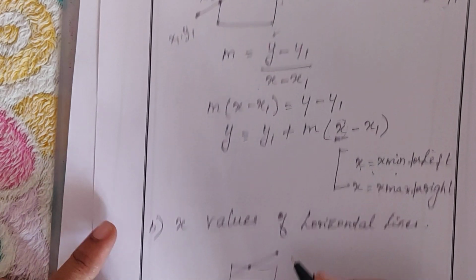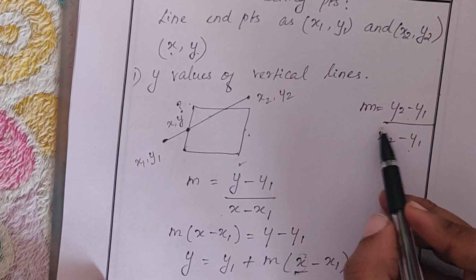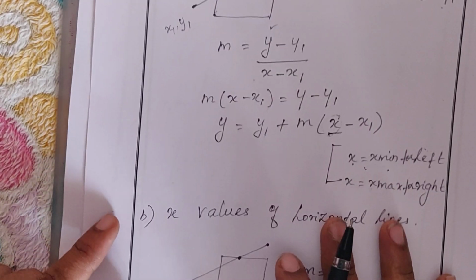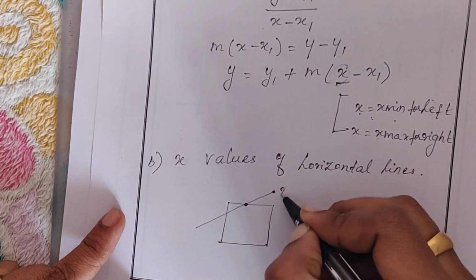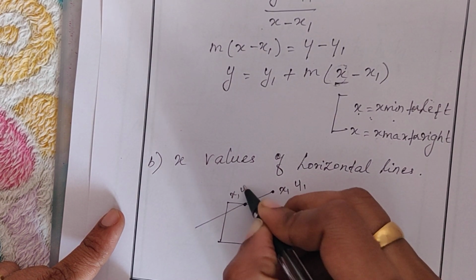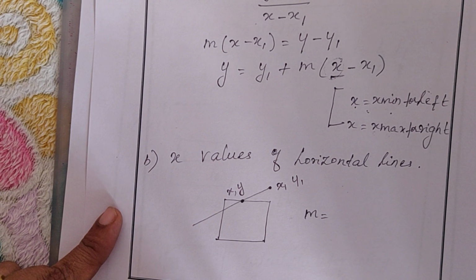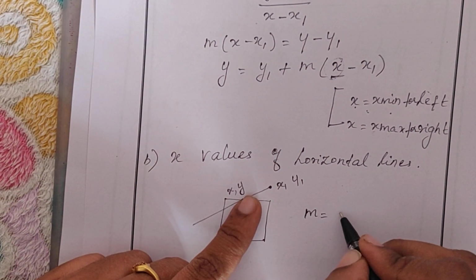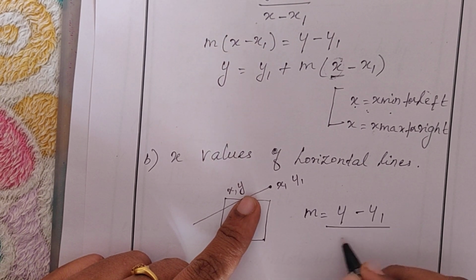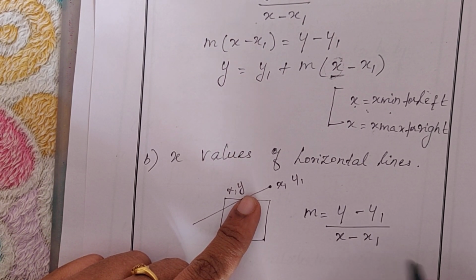The m formula is (y2 minus y1) by (x2 minus x1), right? Here I'll consider this as x1, y1, and this intersecting point I'll always consider as x, y. So m is y minus y1 by x minus x1.